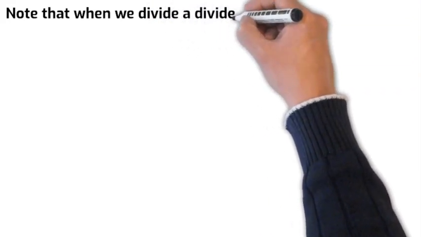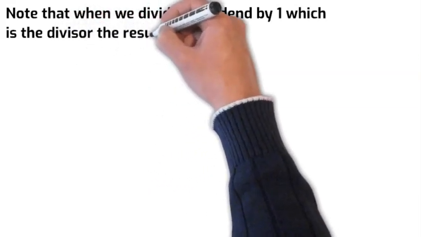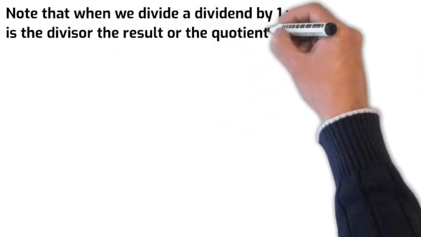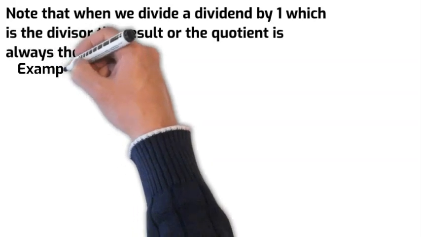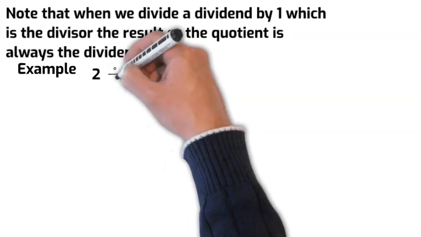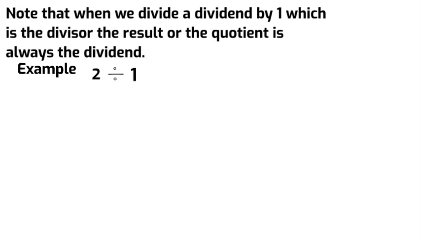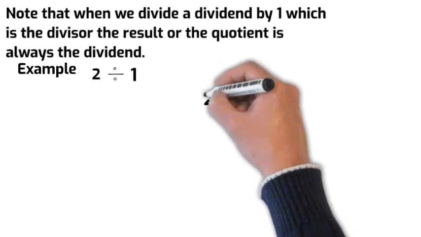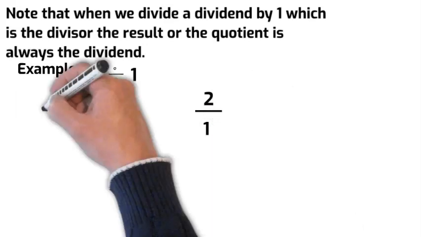Note that when we divide a dividend by 1, which is the divisor, the result or the quotient is always the dividend. For example, 2 divided by 1 is the same as 2 over 1.